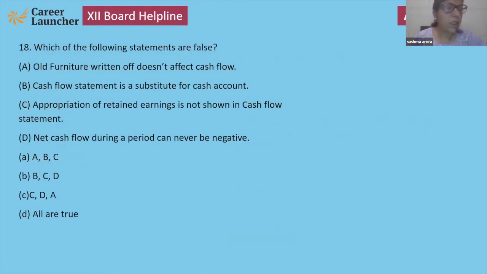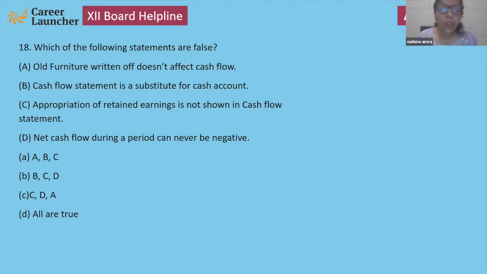Yes, please see that question. Which of the following statements are false? Old furniture written off doesn't affect cash flow. Cash flow is a substitute for cash account. Appropriation of retained earning is not shown in cash flow.